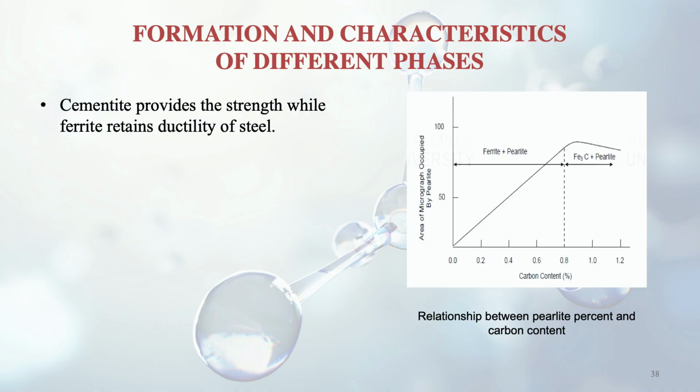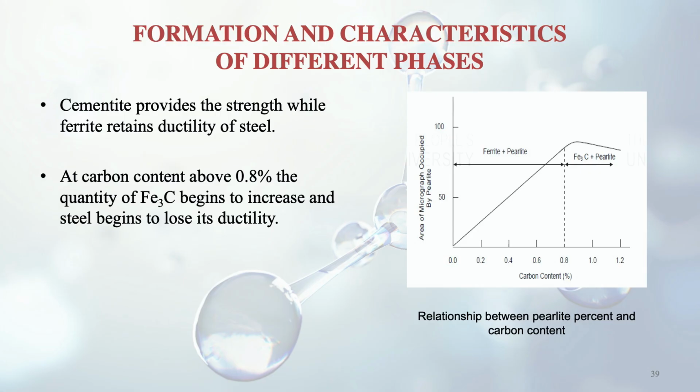So cementite provides the strength while ferrite retains the ductility of steel. Earlier also we have read how pure iron is very soft. Ferrite is very close to pure iron because the carbon percentage is very low in ferrite, whereas in cementite the carbon percentage has gone up and it is actually beyond 0.8% of carbon.